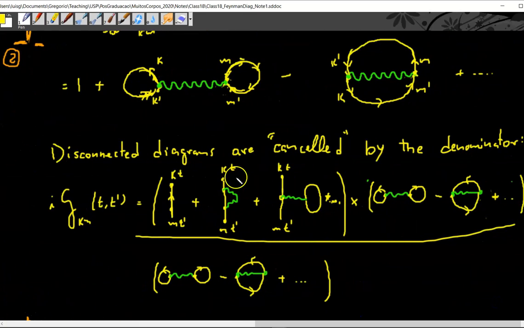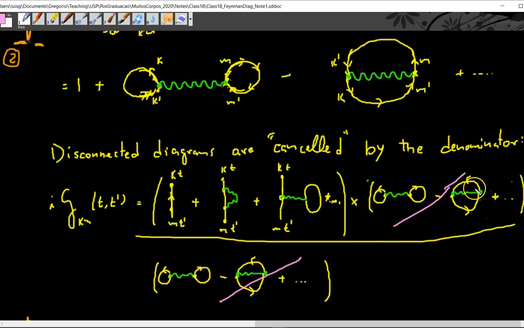It would be something like this times this, and so on. So every diagram here in the series that is topologically equivalent would be multiplying the series of unconnected diagrams. So you can factor them out, so to speak, and then they would cancel here in the denominator. So I don't need to calculate them. That's the beauty of it.